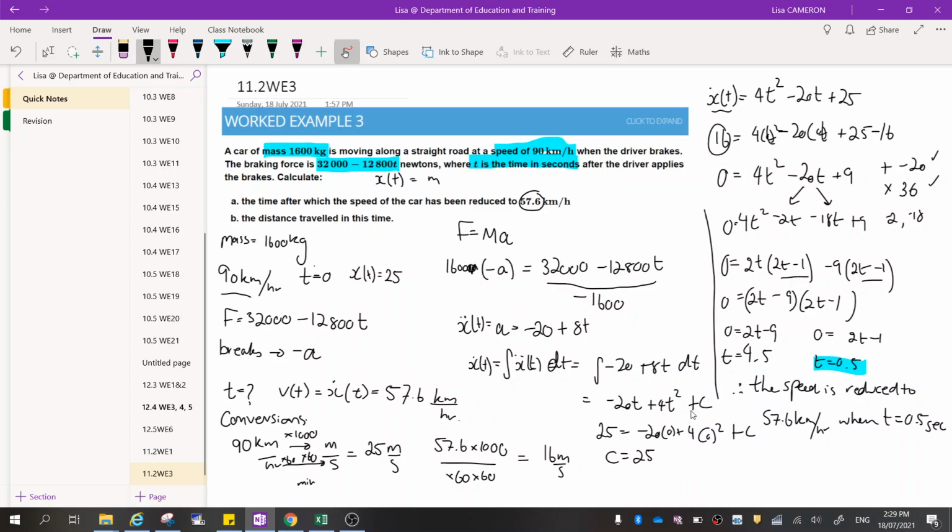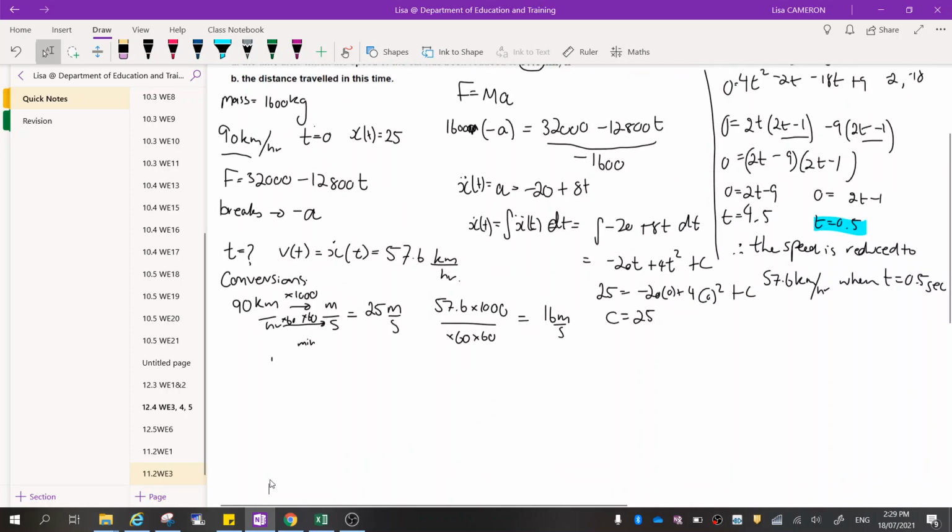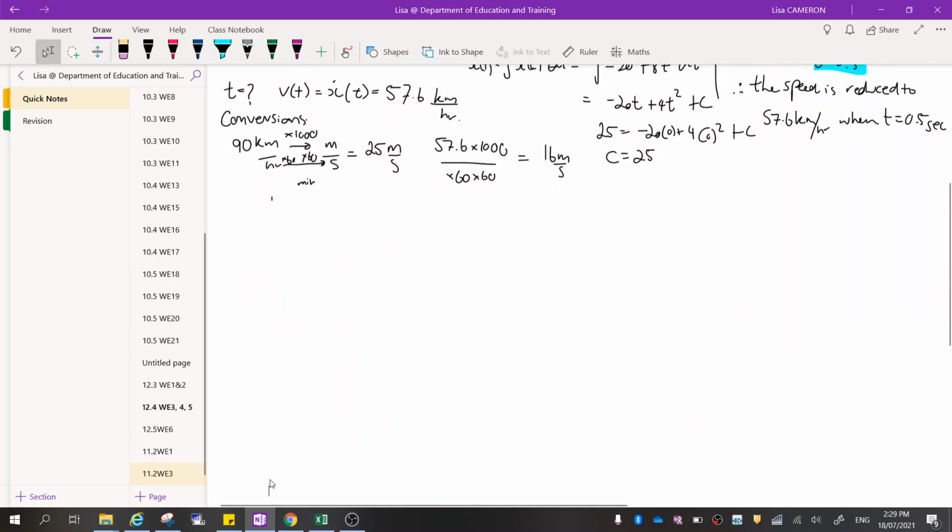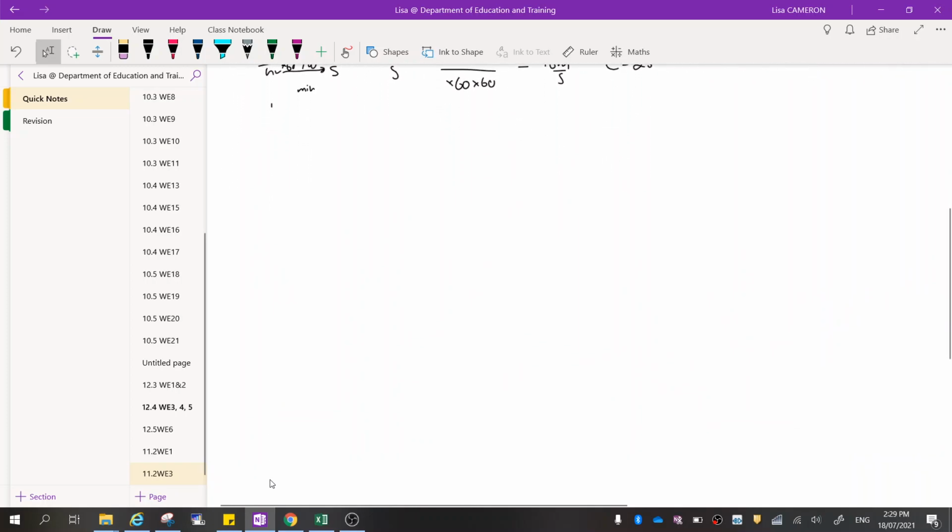All right, cool. So the next one we're going to do, if I can figure out how to get this per, there we go. We're going to integrate that function, okay? And then that's going to give us a function for the displacement. So next thing we want is x(t) is equal to the integral of our speed function with respect to time.